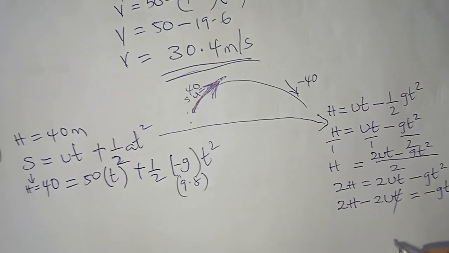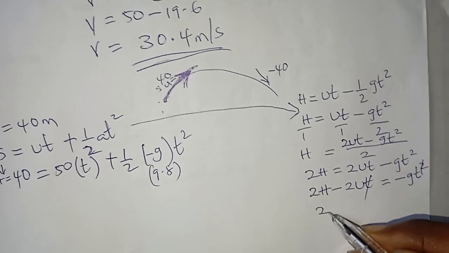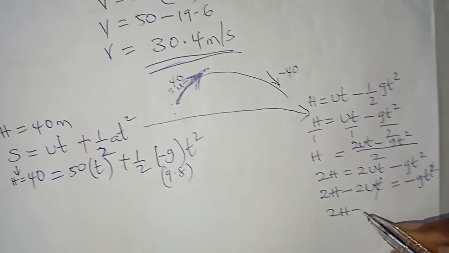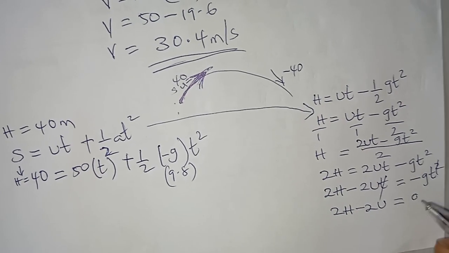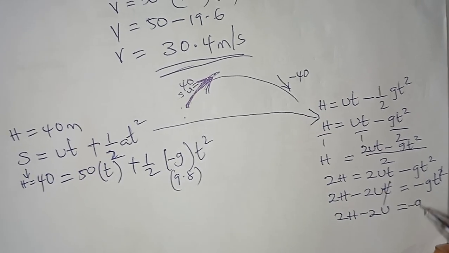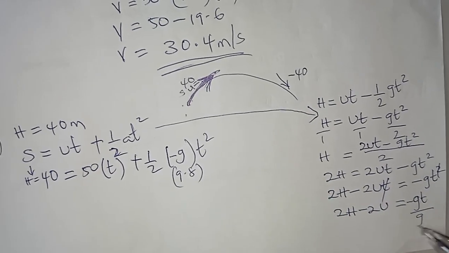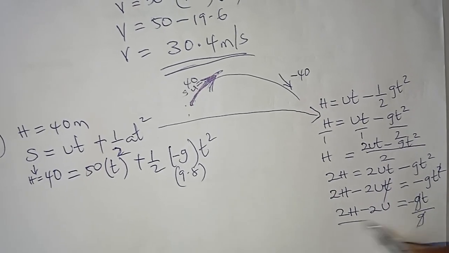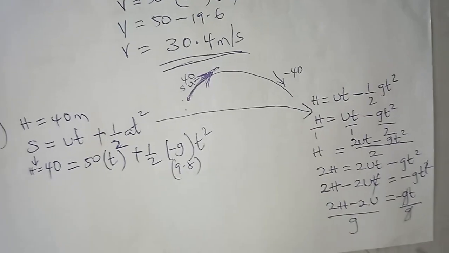This can cancel this t, so that I now have 2h minus 2u equals minus gt. I'm making t the subject of the formula, so this can divide all over. So this is what I'm going to use.